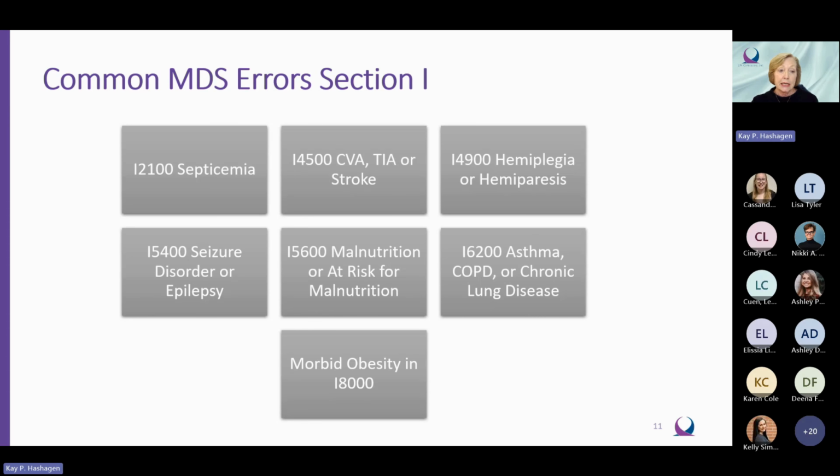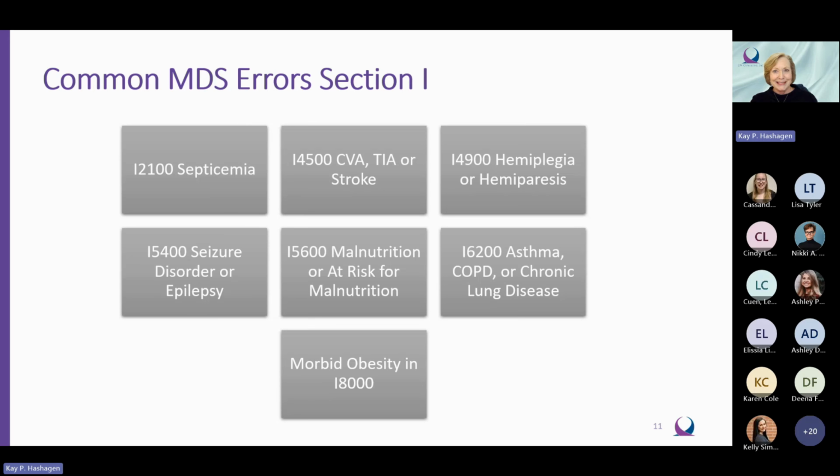Another one is seizure disorder, in I-5400. And of course, then that would need an ICD-10 code in I-8000. I never really thought that this was one that was controversial, but recently we did some audits and these patients were on a lot of psychotropic meds and they had seizure precautions. Well, it's very interesting when you go to the CMS mapping tool, which we'll talk about, and look for the ICD-10 code.